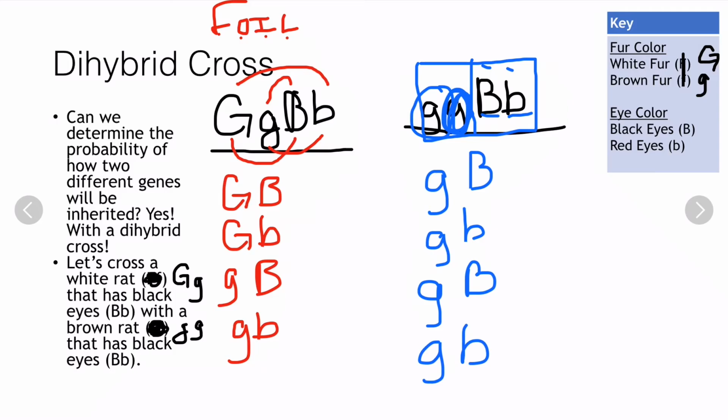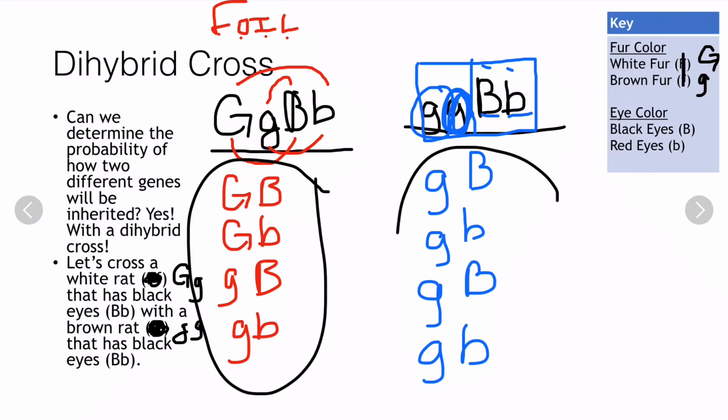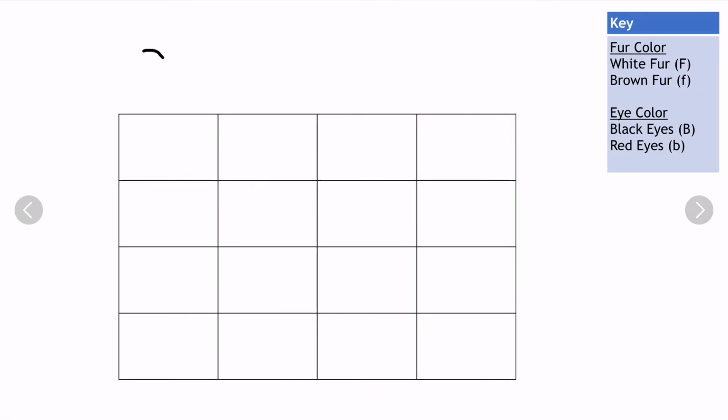Okay? So once I have all of my alleles, here's 4 and here's 4, those are gametes, all my different combinations of alleles, I can plug them into basically a giant Punnett square. Okay, so big G, big B, big G, little b, big G, big B, big G, little b.